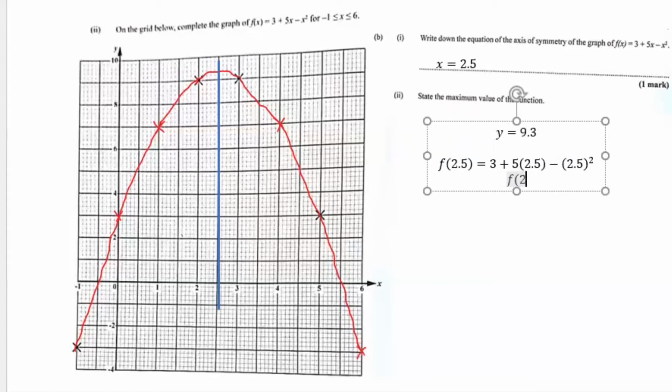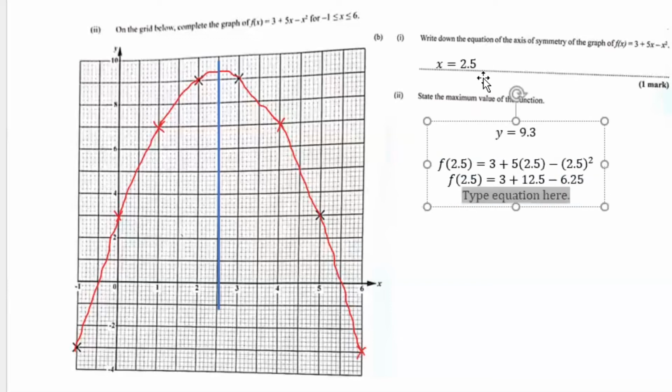So f of 2.5 is equal to 3 plus 5 times 2.5, that will give us 12.5, minus 2.5 squared, that will give us 6.25.